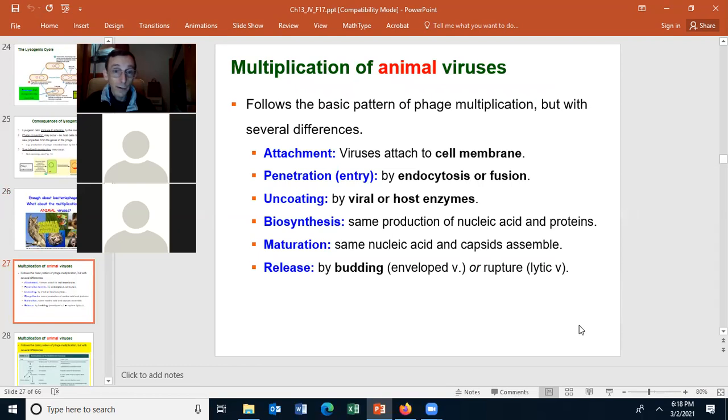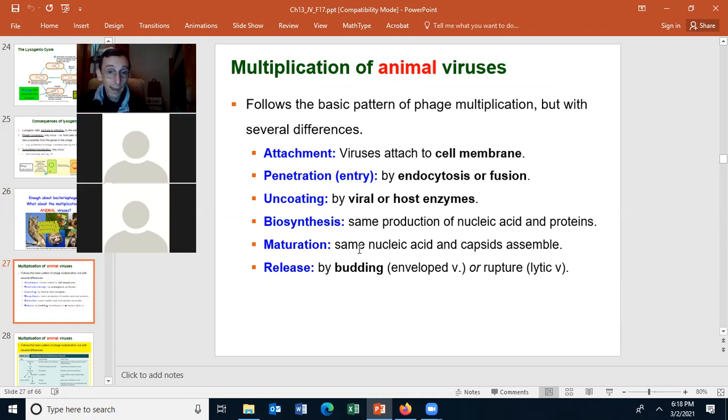Animal viruses usually penetrate the host cell, entry into the host cell, by endocytosis or by fusion. I'll talk a little bit more about both of those later in the next lesson. The encoding can be different, although the encoding can be the same. It can happen by viral or host enzymes.